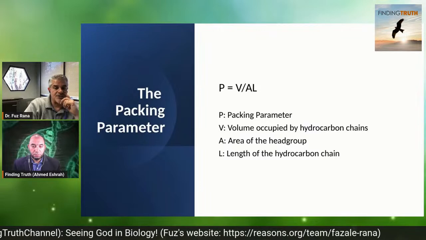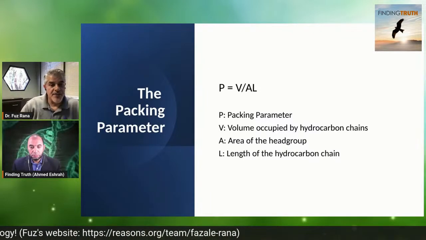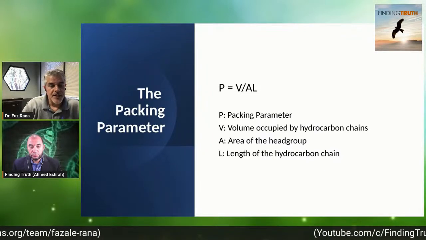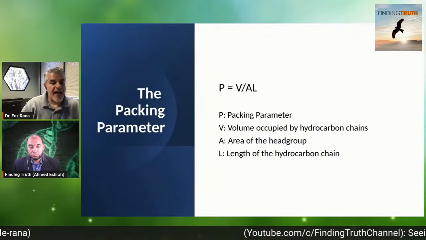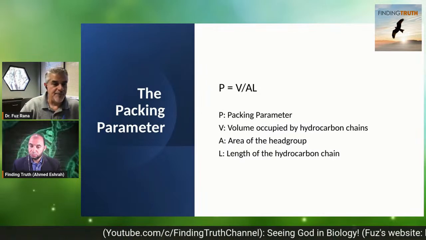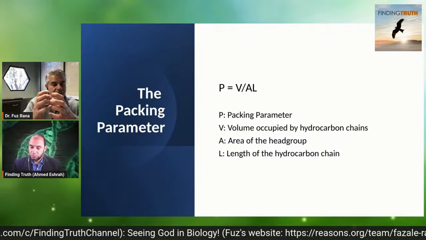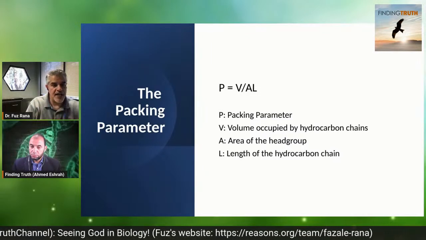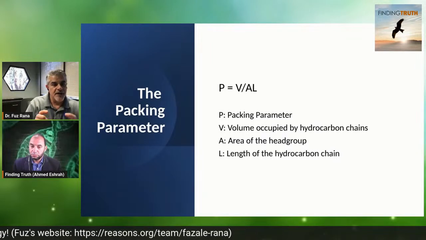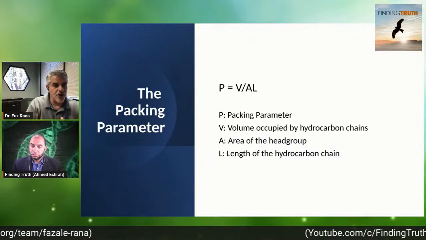The answer to this question was determined, believe it or not, in the 1970s by a biophysicist who developed this concept of a packing parameter, where P is the packing parameter, and P is equal to V, the volume occupied by the hydrocarbon chains, divided by the area of the head group multiplied by the length of the hydrocarbon chain.